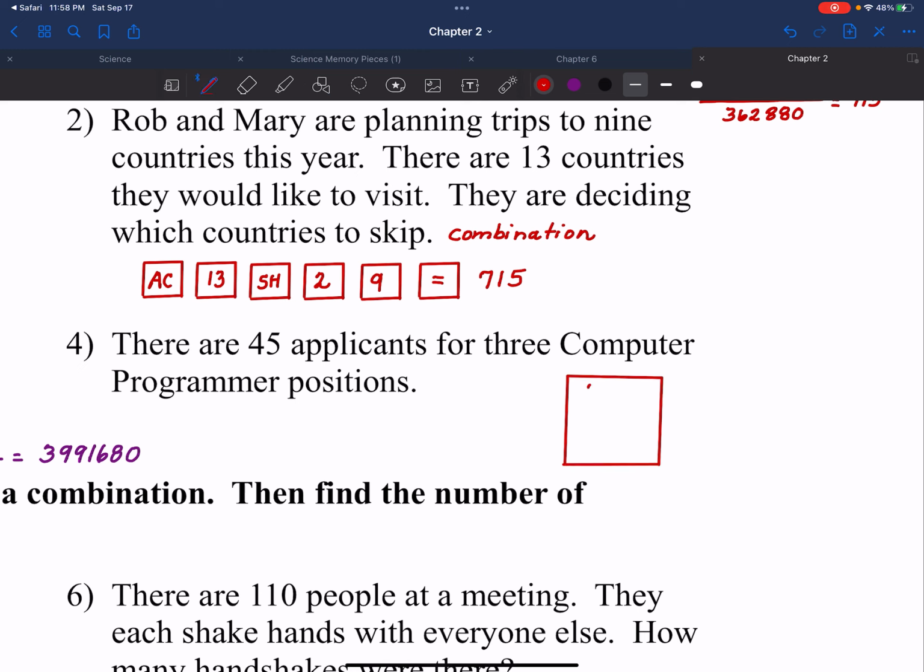We have C, P, N, and K. So we have 45 applicants, but only 3 of them will be chosen. So our formula, let's do the calculator first just to see what we're looking for.